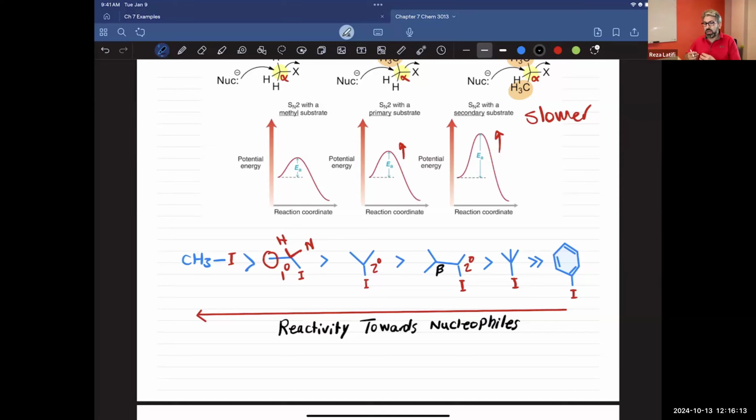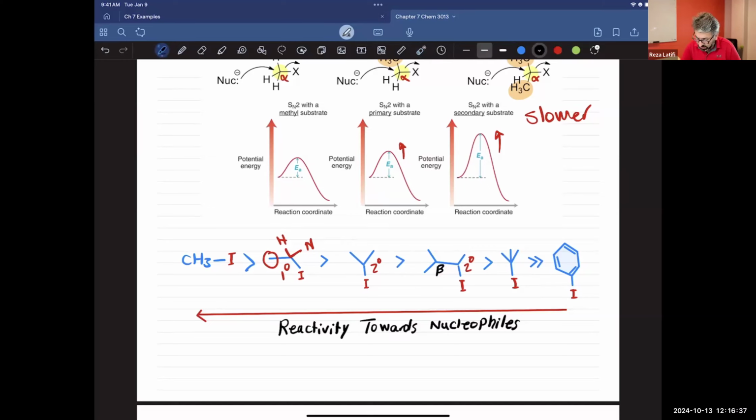Maybe it's not as significant as increasing the groups on alpha, but still you are increasing the steric effect, and that's going to slow the reaction. Both of them are secondary, but here we have CH3, while that one is replaced by methyl groups, so it's going to be bulkier.